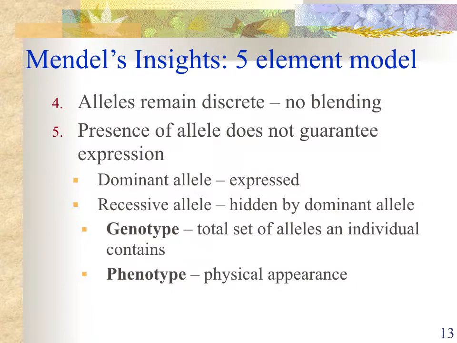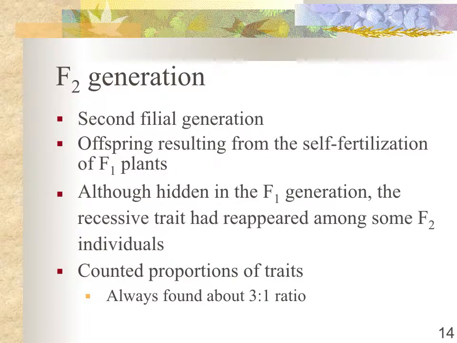Okay, then the alleles never blend, they remain discrete, and the presence of an allele doesn't guarantee expression. Dominant alleles are expressed, recessive alleles are hidden. Genotypes then can be different from phenotypes. This is particularly important in later generations, like the F2, which is when you self-fertilize the results of a cross.